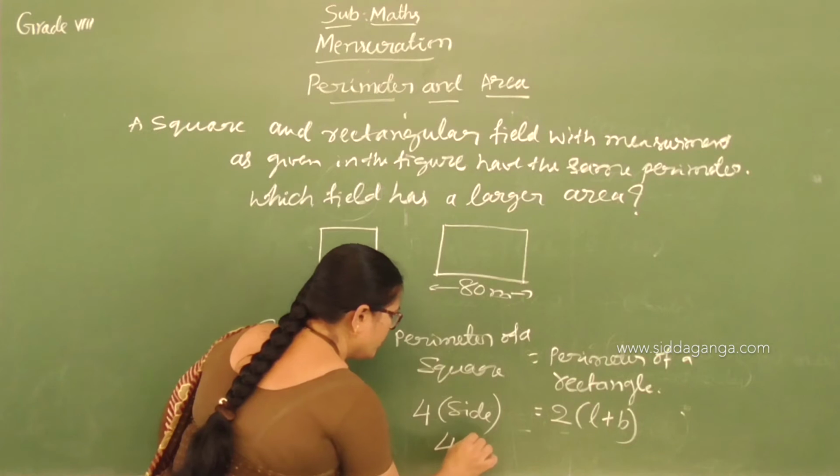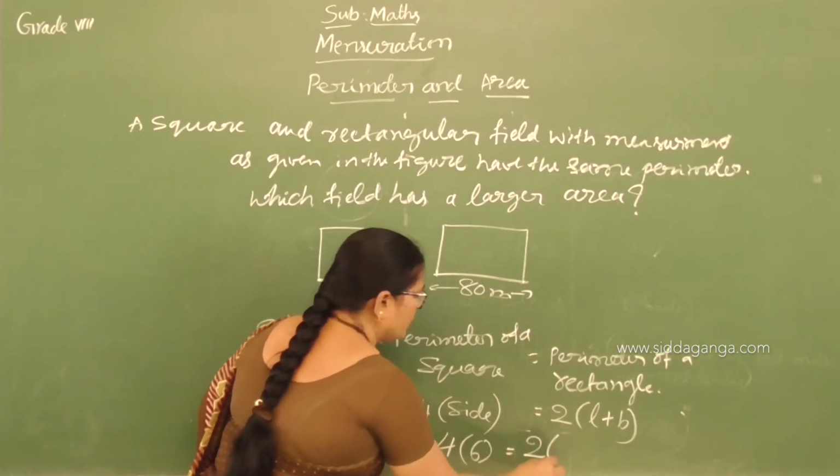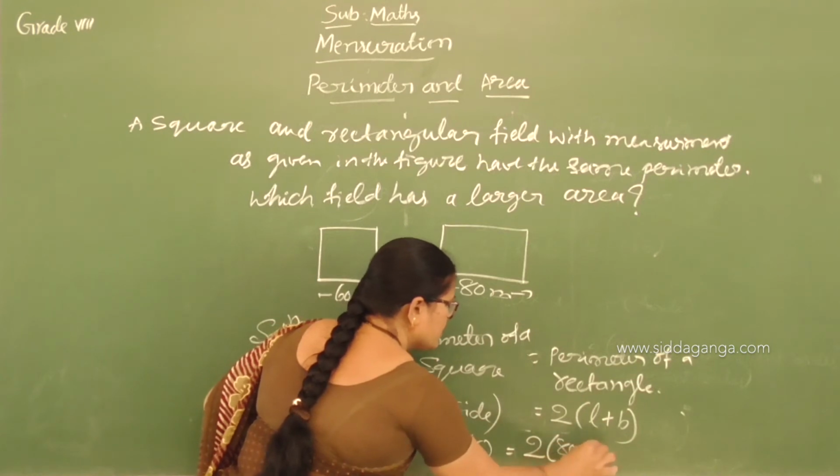So 4 into 60 is equal to 2 into (length 80 plus b).